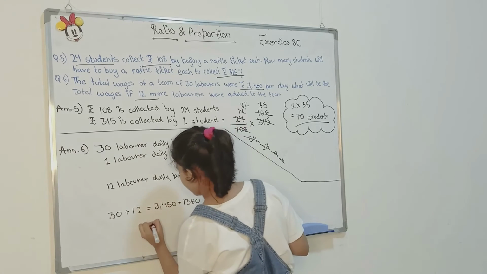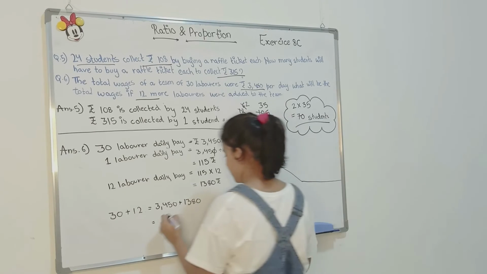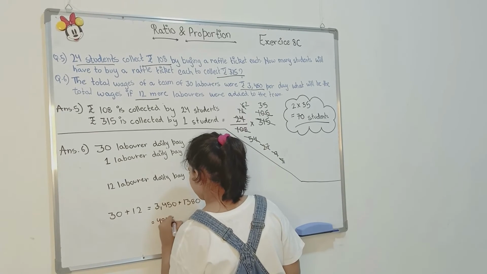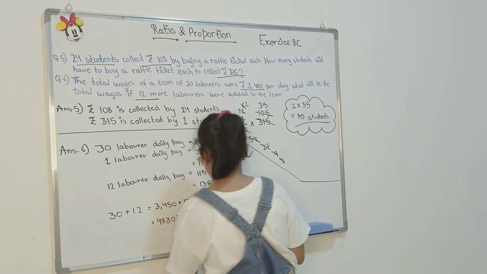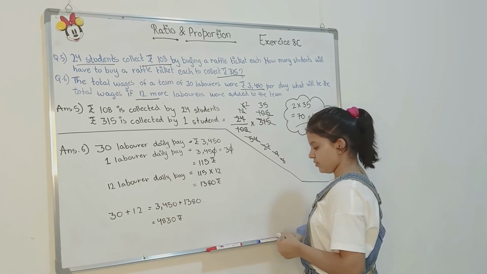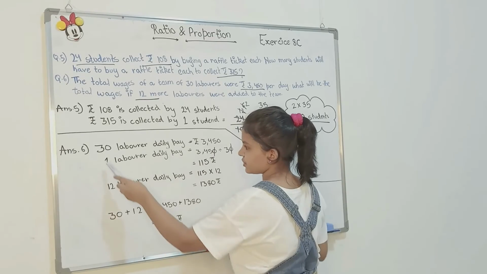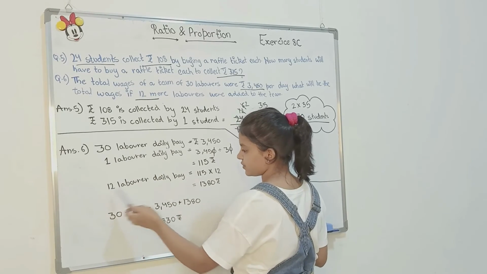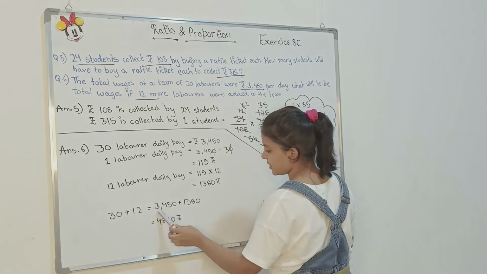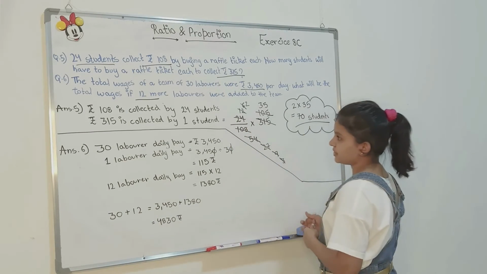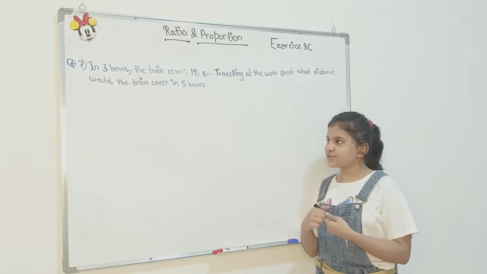So when we add them, we will get the total answer. It would be 4,830 rupees. So after adding them, 30 was for 30 laborers and then 12 was for 12 laborers. So once we added them both, we got 4,830 rupees.